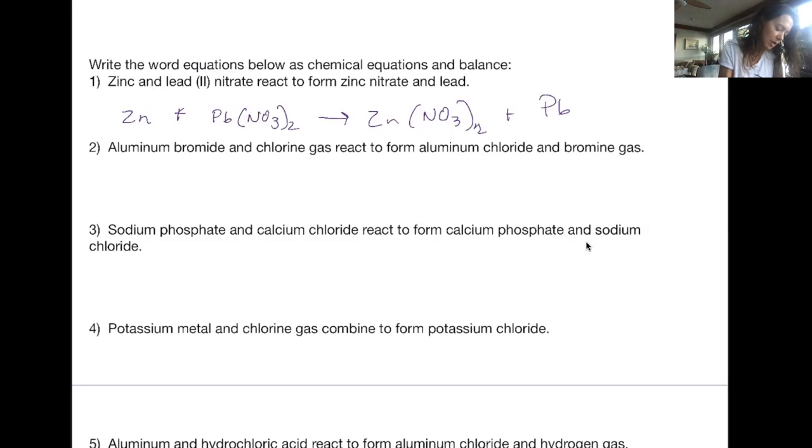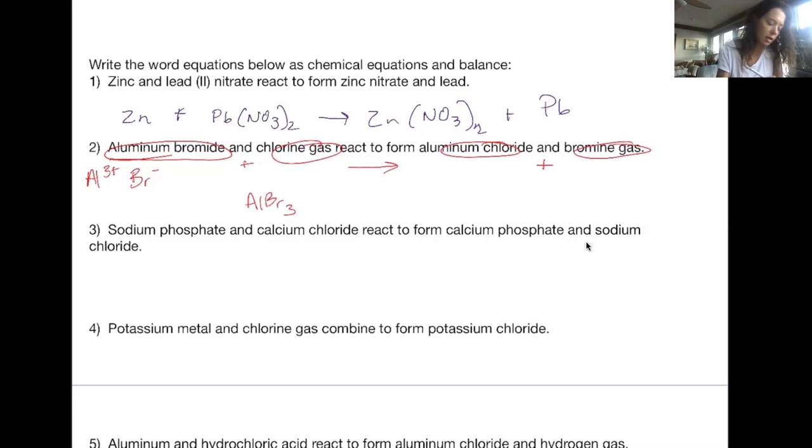Let's continue. Aluminum bromide and chlorine react to form aluminum chloride and bromine. All right, this is ionic. Most often it's going to be ionic for you guys. So let's get symbols and charges. Aluminum, 3 plus, bromide, 1 minus. We're going to have AlBr3. Notice I can't have any charges with my answer, okay?